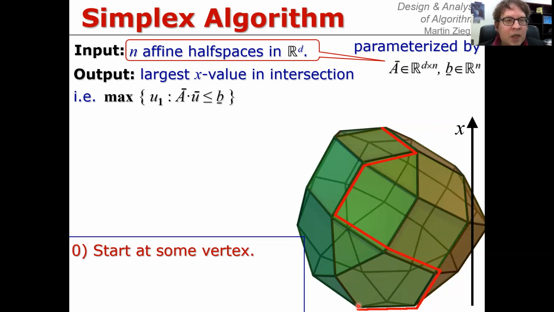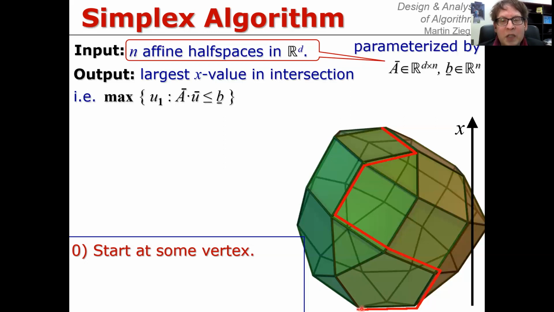And then the simplex algorithm chooses a neighbor vertex. Like this is a neighbor vertex, this is a neighbor vertex, following any so-called ridge or edge, to be more precise, any edge from the starting vertex to another vertex. The simplex algorithm chooses such a neighbor vertex and then repeats.